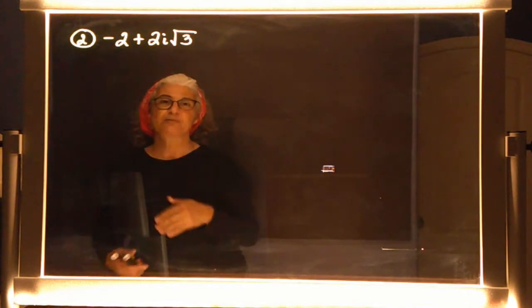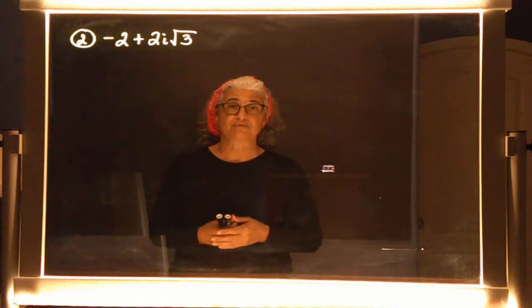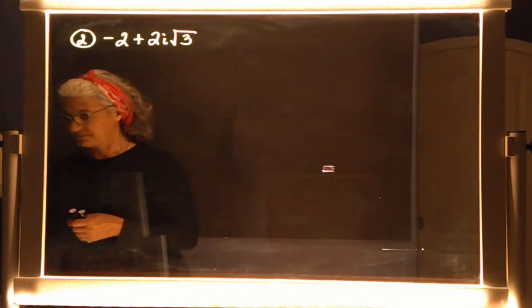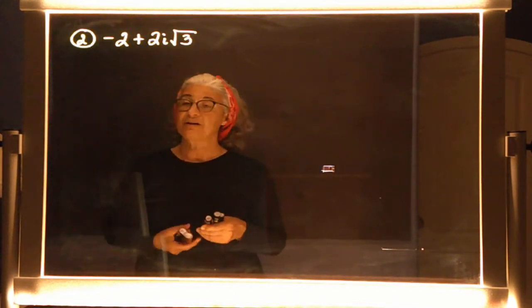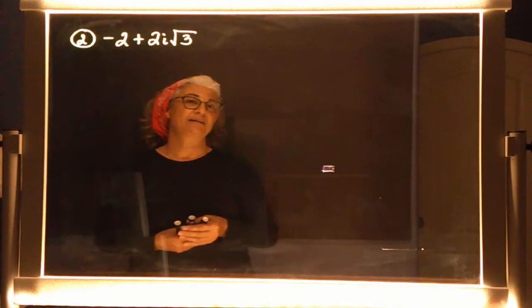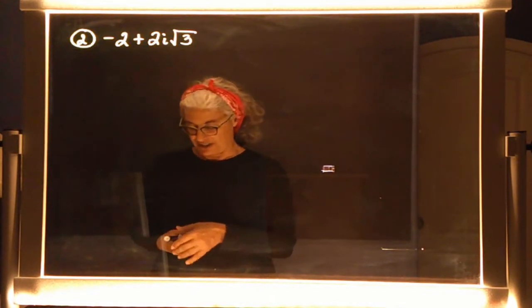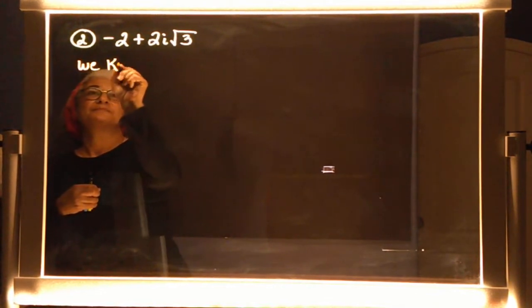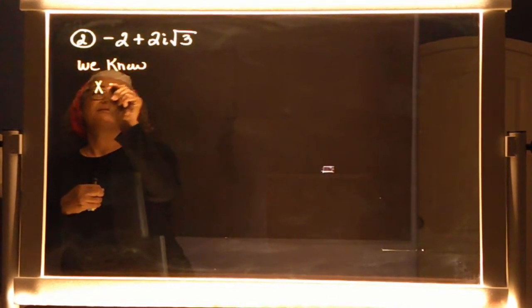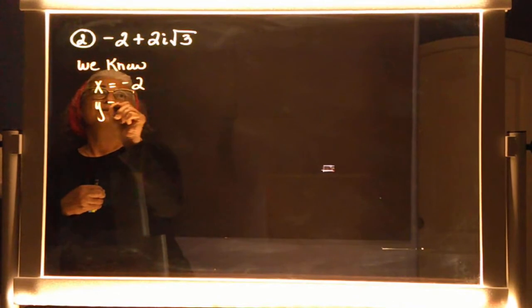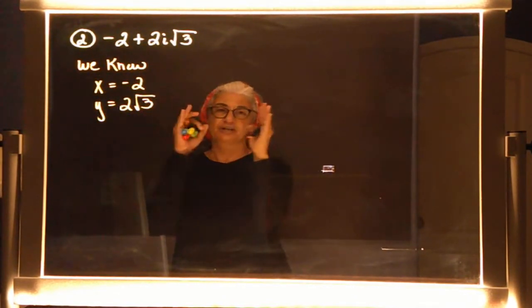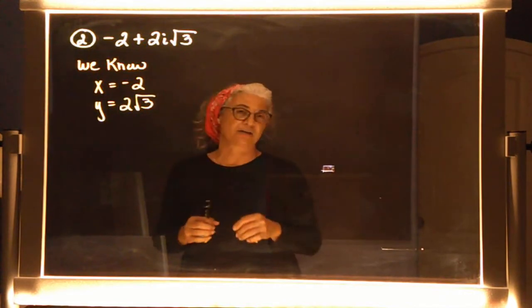Okay, so in this particular case, what do we know? Excellent, we know x and y, don't we? So, what's x in this case? Good, -2. What's y? 2 square root of 3. Excellent, because the i is separating the two parts, isn't it?